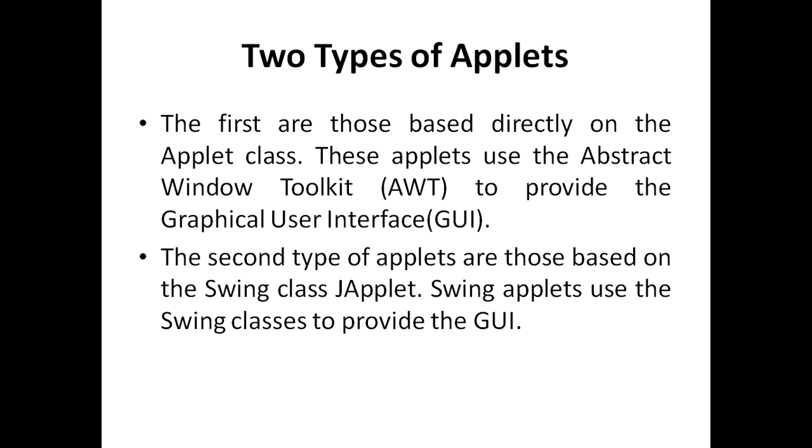Then the second type of applets are those based on the Swing class, which is JApplet. Swing applets use the Swing classes to provide the graphical user interface. So in this part we'll see what exactly the AWT toolkit is and how we can write the program by using AWT, and in the next video we'll see how to write the applet program by using Swing.